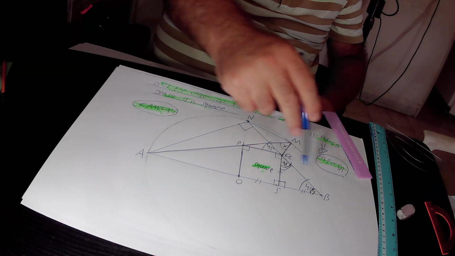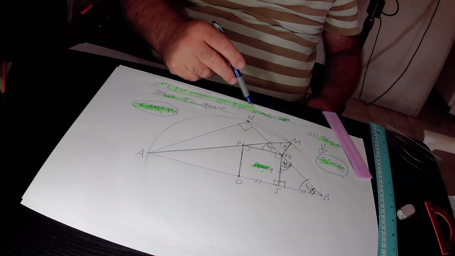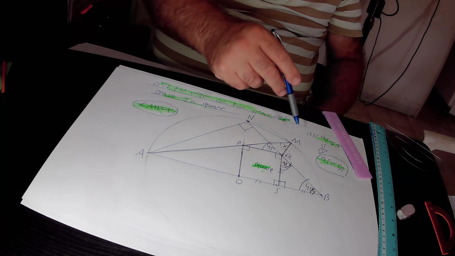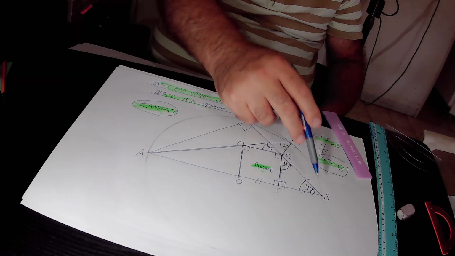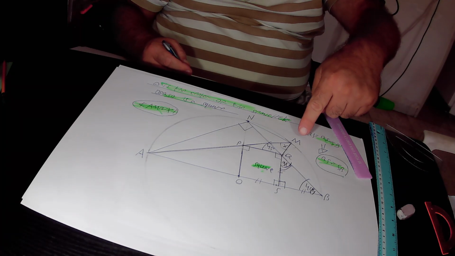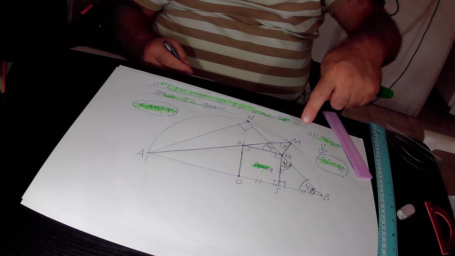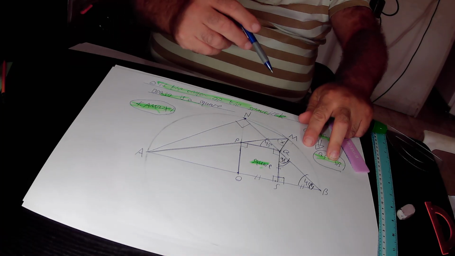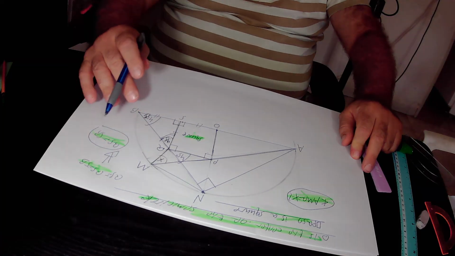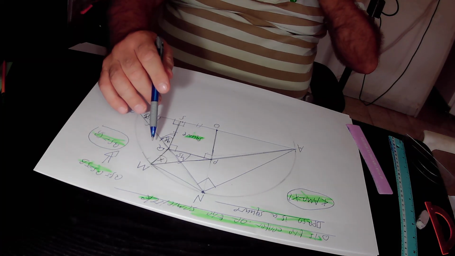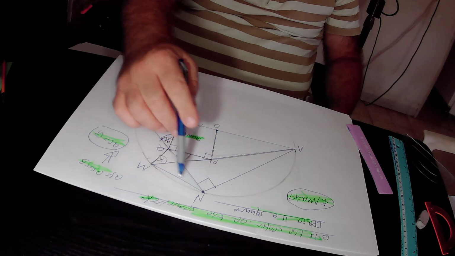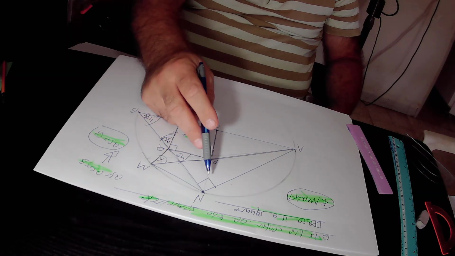Likewise, we also have peripheral angle NMA, which also subtends on the same chord called AN.